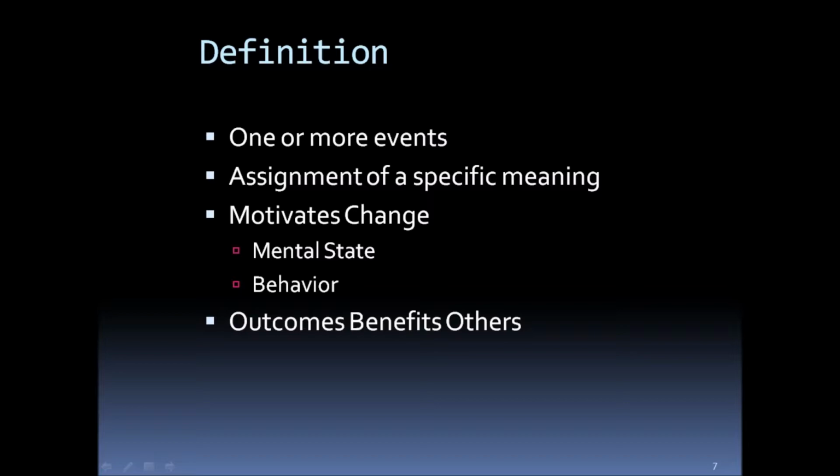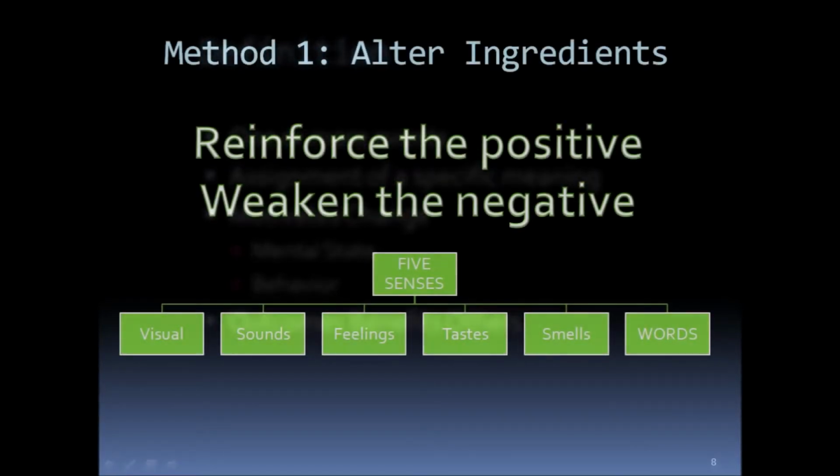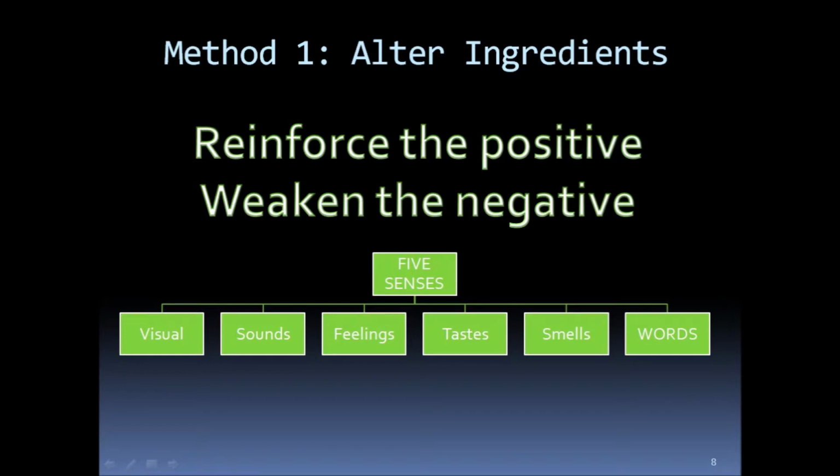Okay, so let's just review. I gave a number of hints in the last video about how you can begin to work with positive, resourceful spells and ones that are not resourceful. The first hint I gave you was that if you alter the ingredient of a spell in any way, you will weaken and probably break the spell.